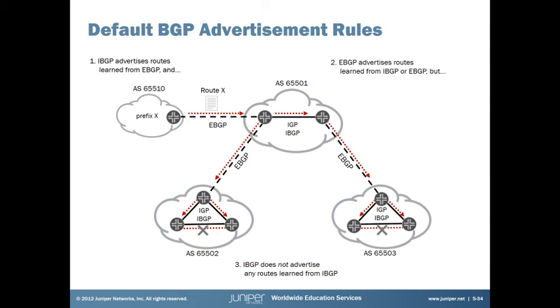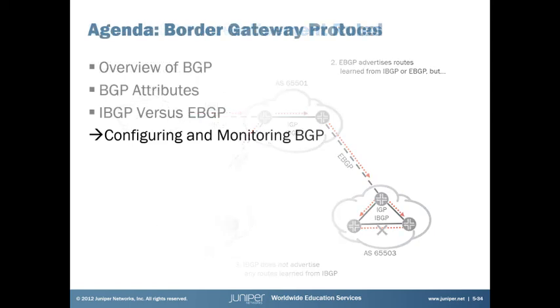We've got a full mesh happening here, but the iBGP routers do not re-advertise routes received via iBGP peers. Those two iBGP speaking routers will not re-advertise the routes they receive from their other peer to each other. So those are the default BGP advertising rules. You can change that by routing policy, but that's how it works by default.